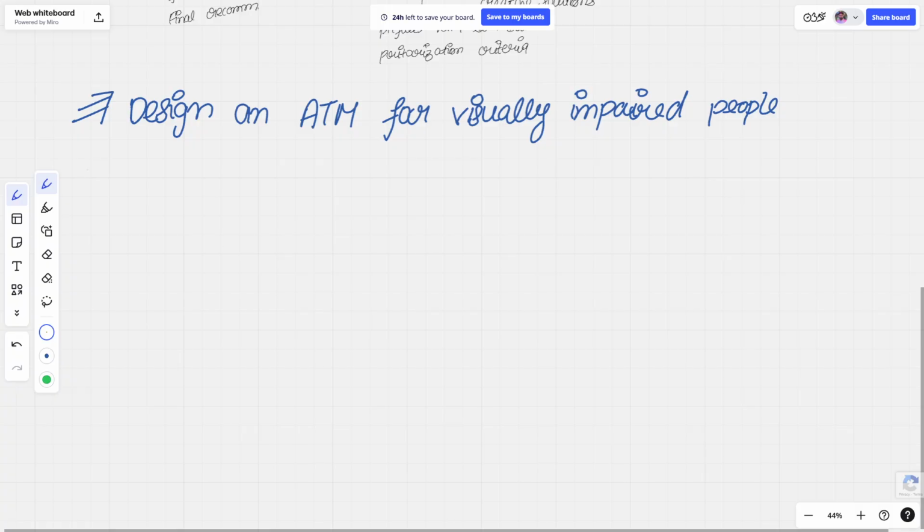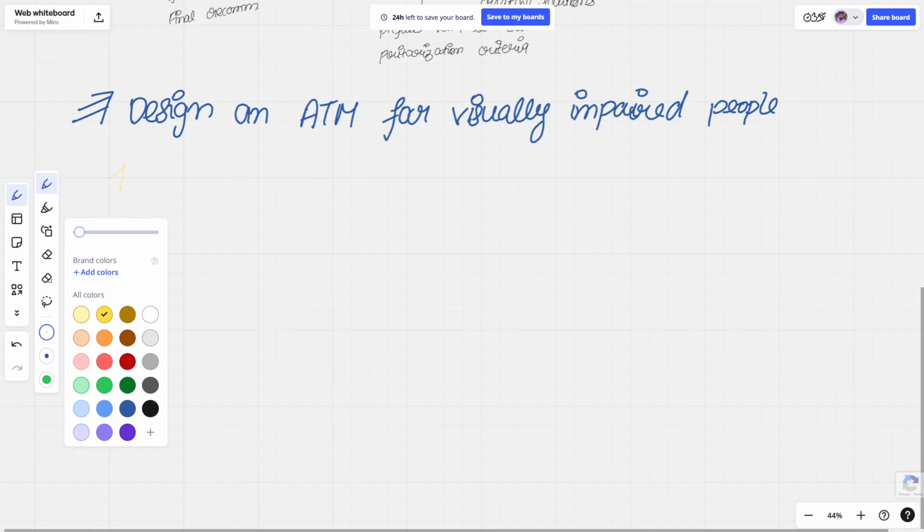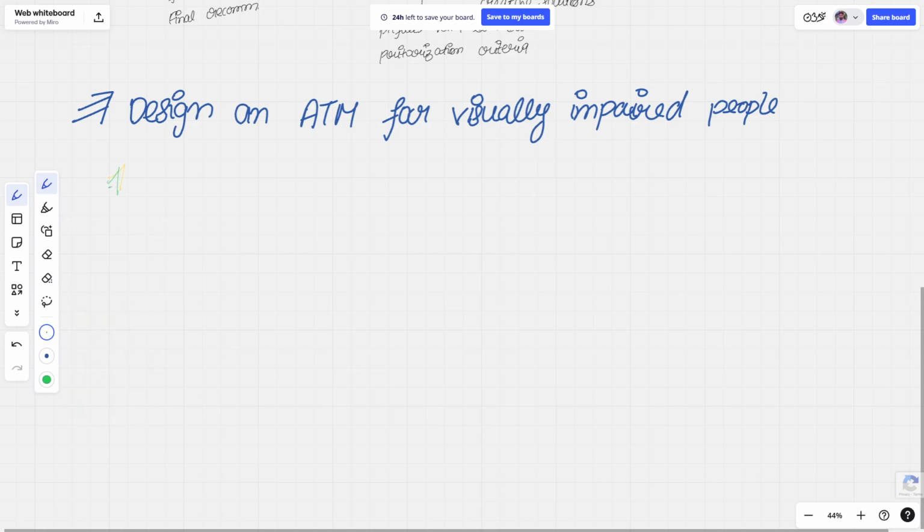So using the CIRCLES framework, our first step is, whenever we are giving any product interview or solving any case studies or estimates, it is better to ask clarification questions as much as you can.